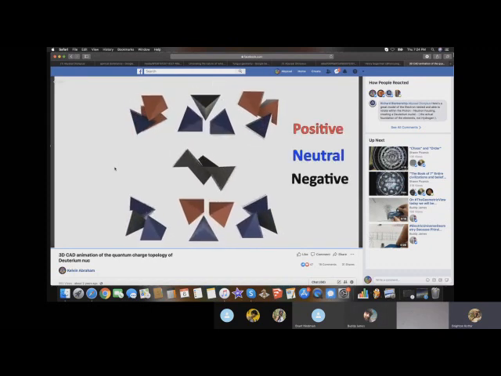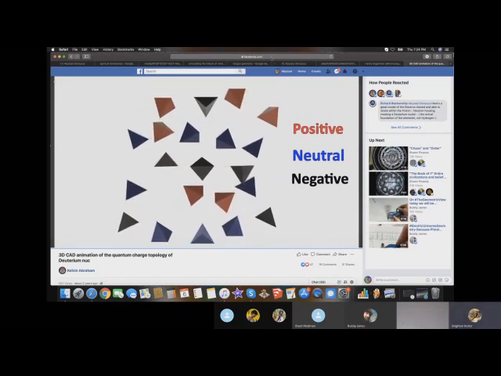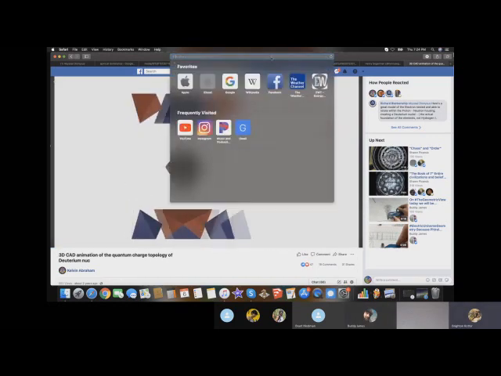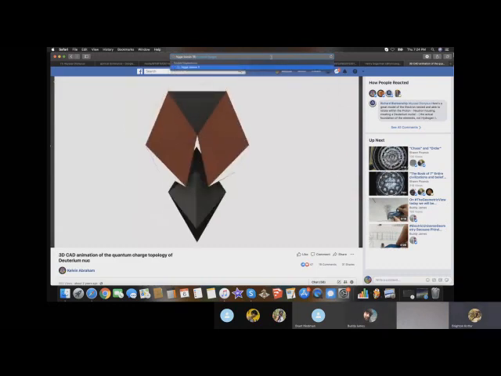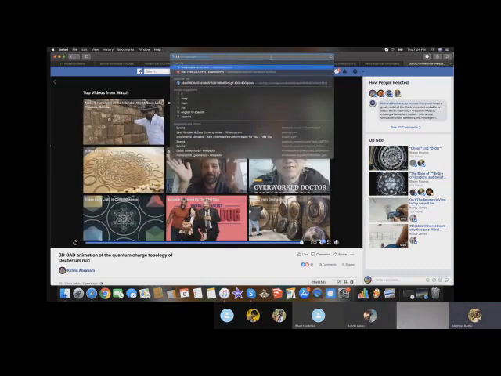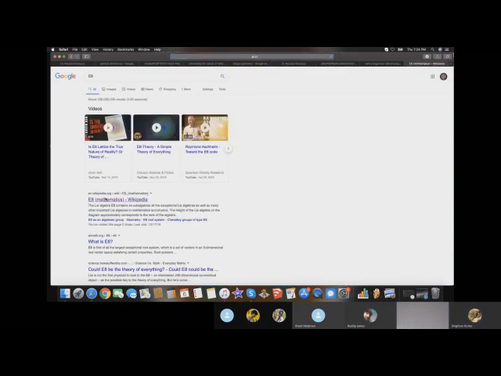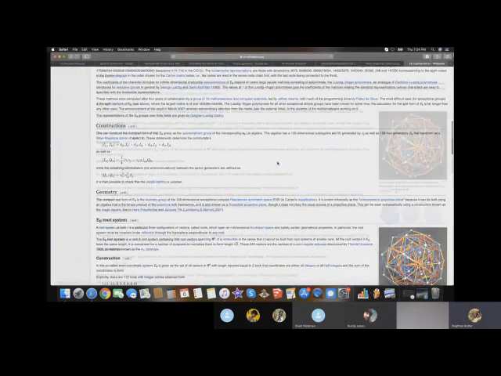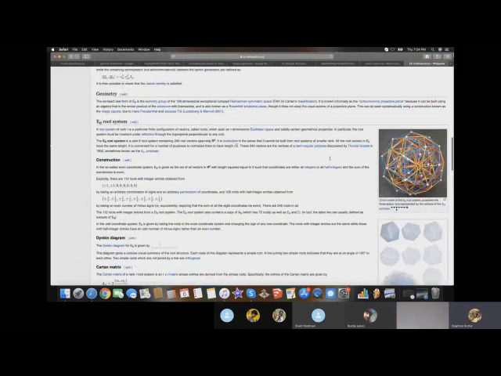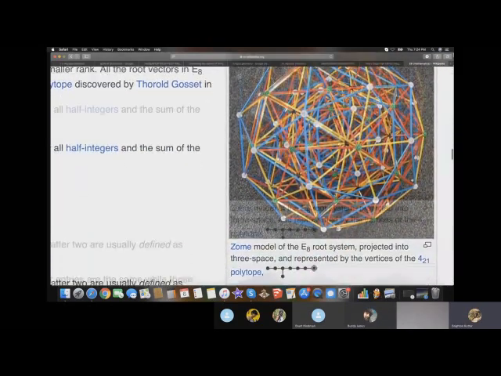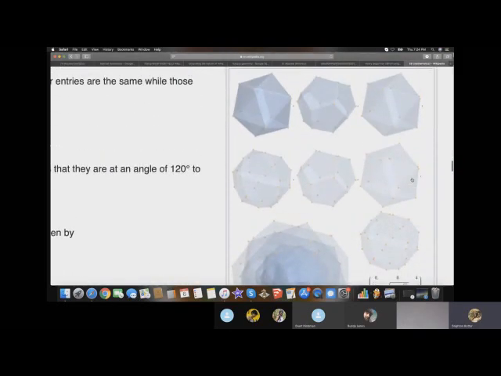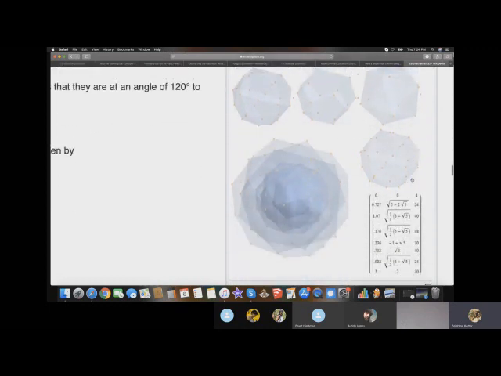I mean, you look at the, okay, let's see. Or I'll just search up the E8. And right down here, this is the Higgs boson structure, and it's the E8 quasi-crystal, and it's composed of platonic solids only, up to the 8th dimension, but platonic solids only.